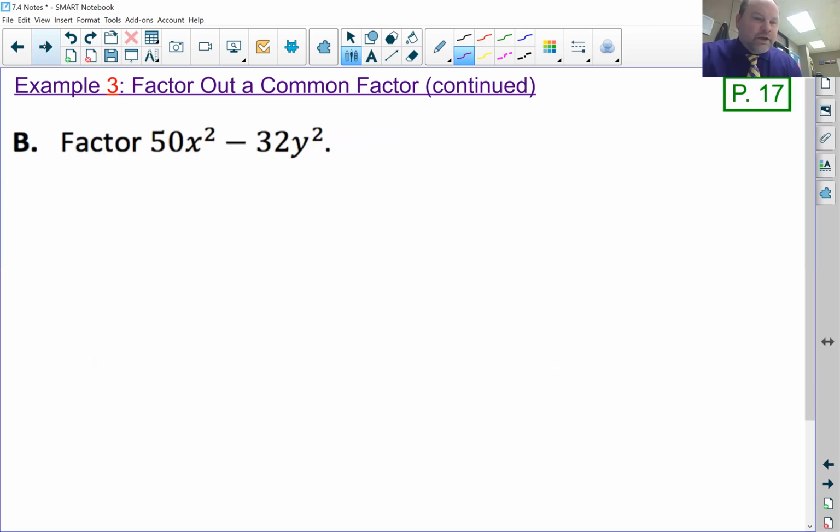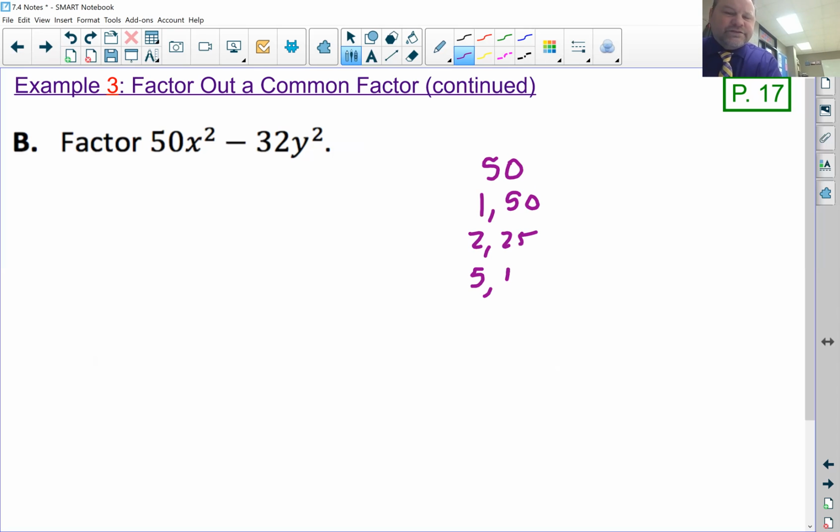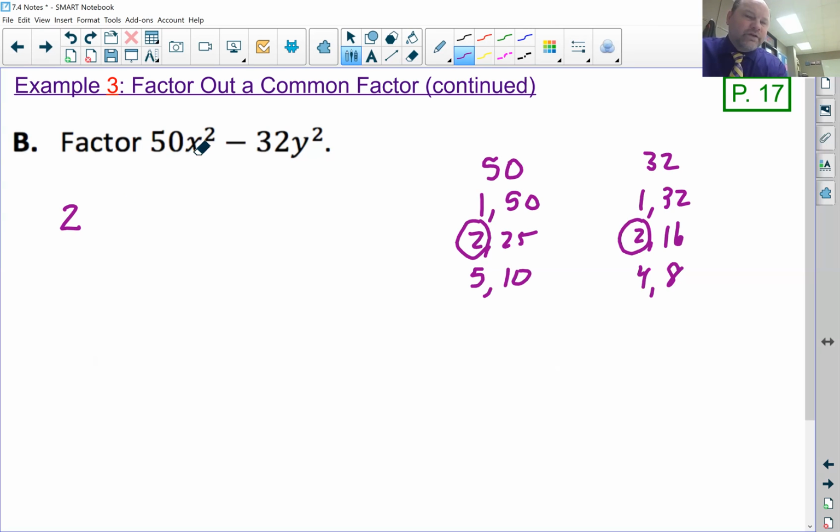All right, with 50x squared minus 32y squared, 50, again, the factors, 1 and 50, 2 and 25, 5 and 10. 32, 1 and 32, 2 and 16, 4 and 8. The greatest common factor is 2. Here I have x squared, but no y's.